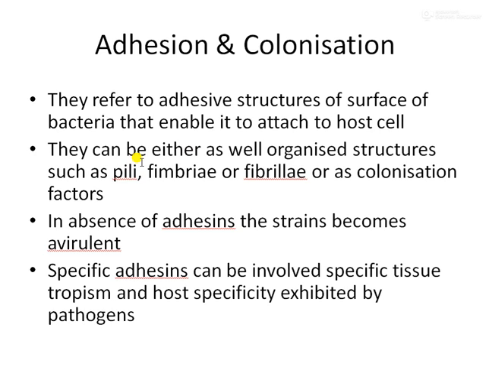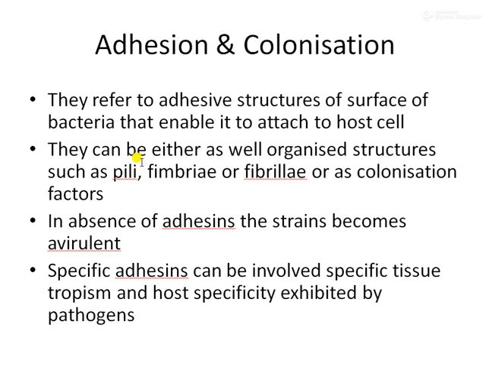Now, other than the genetic elements, if you look into the bacteria, you can see that the events of adhesion, colonization, as well as invasion play an important role in its virulence. Now, what do you mean by adhesion? Adhesion mainly refers to the attachment of a bacterium onto a particular host cell, and all those substances which enable it are referred to as adhesins.